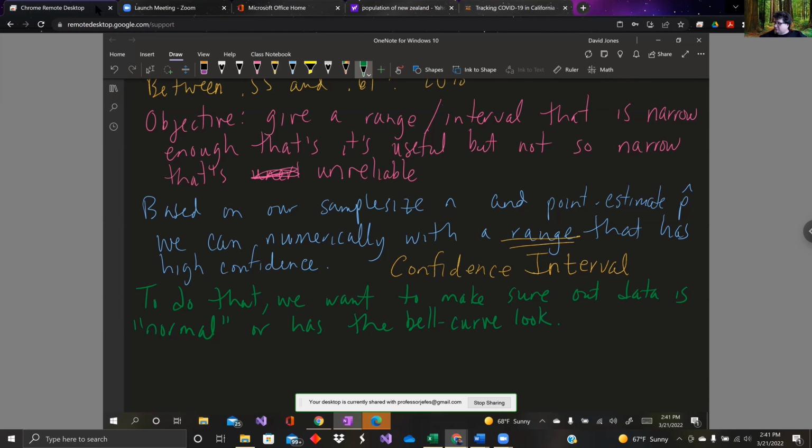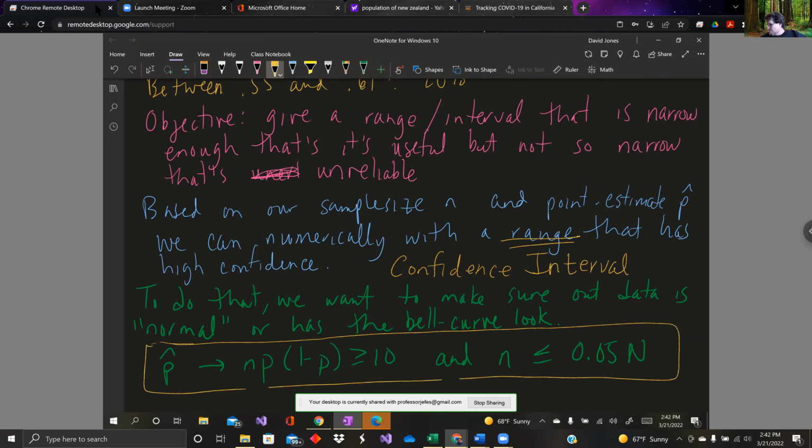For p hat, we had two criteria. Lowercase n times p times 1 minus p needed to be greater than or equal to 10, and n has to be less than or equal to 5% of the population. Those were our requirements.